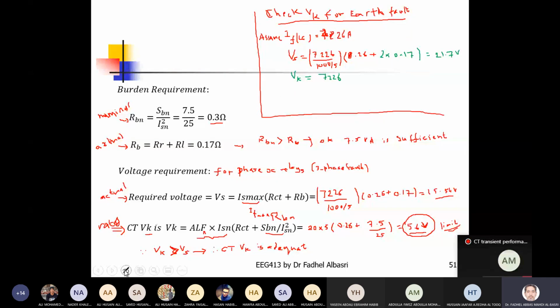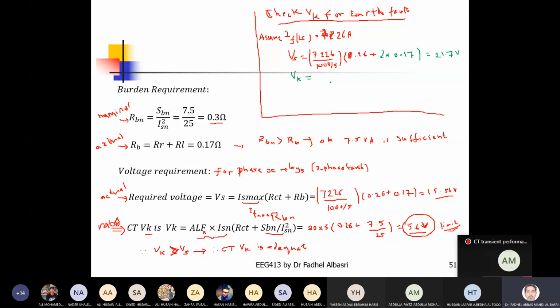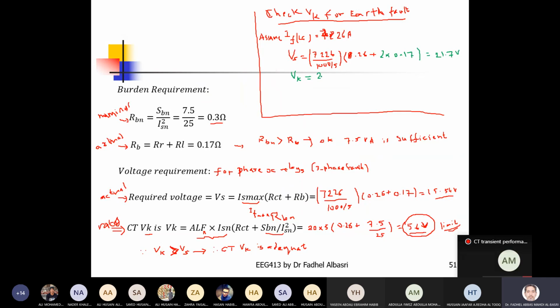The maximum current defined is the accuracy limit factor, which in this case is 20, times the rated secondary nominal current, which is 5.